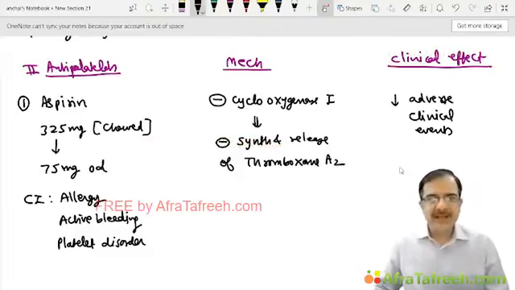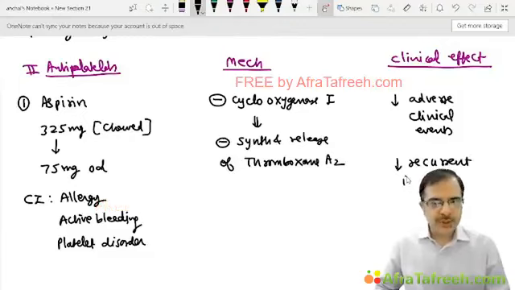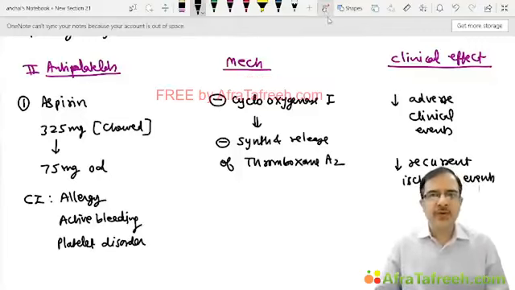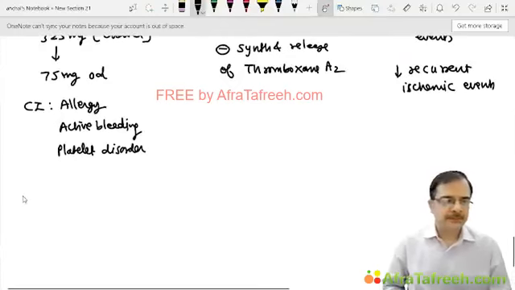So it decreases those adverse clinical events, as well as it decreases recurrent ischemic events. So it decreases the recurrence also.